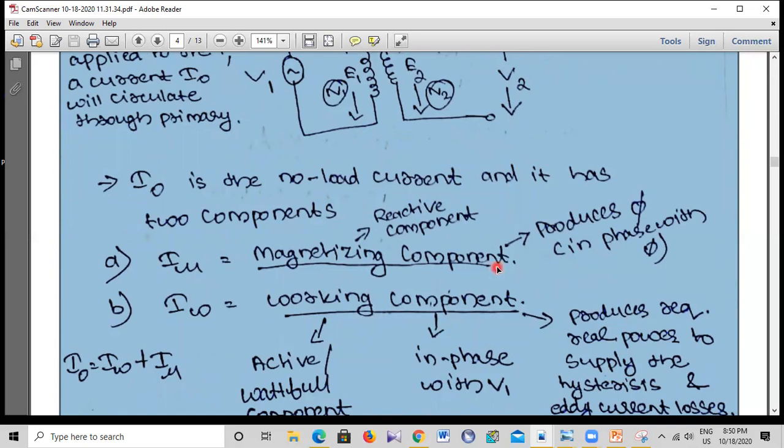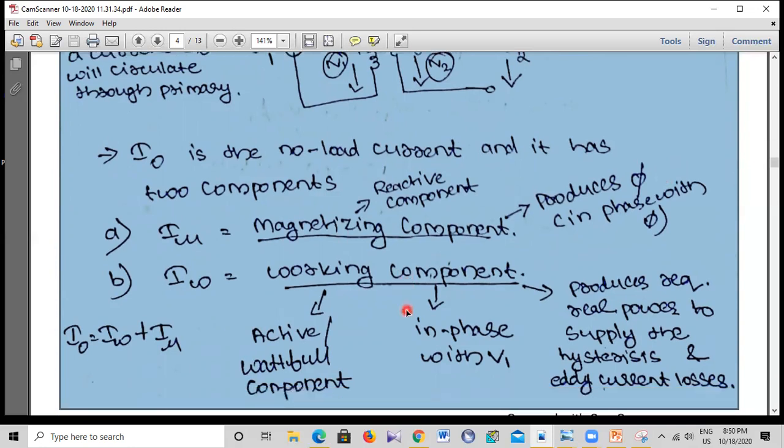In the previous session, I told you that the current is just used for magnetizing, for creating the flux. That component is the magnetizing component. It is also called a reactive component, and it produces flux phi. It is just used for producing the flux phi. Okay, it is in phase with the flux.